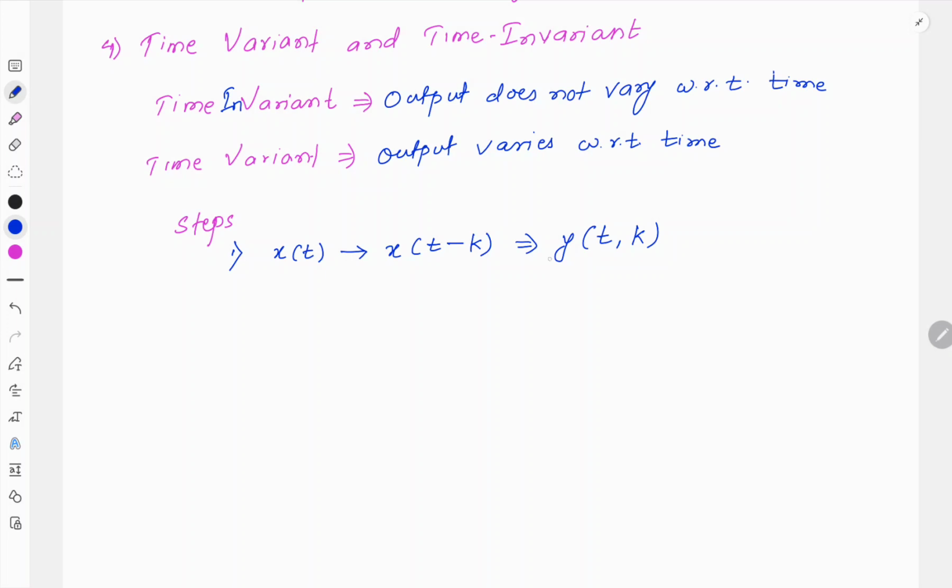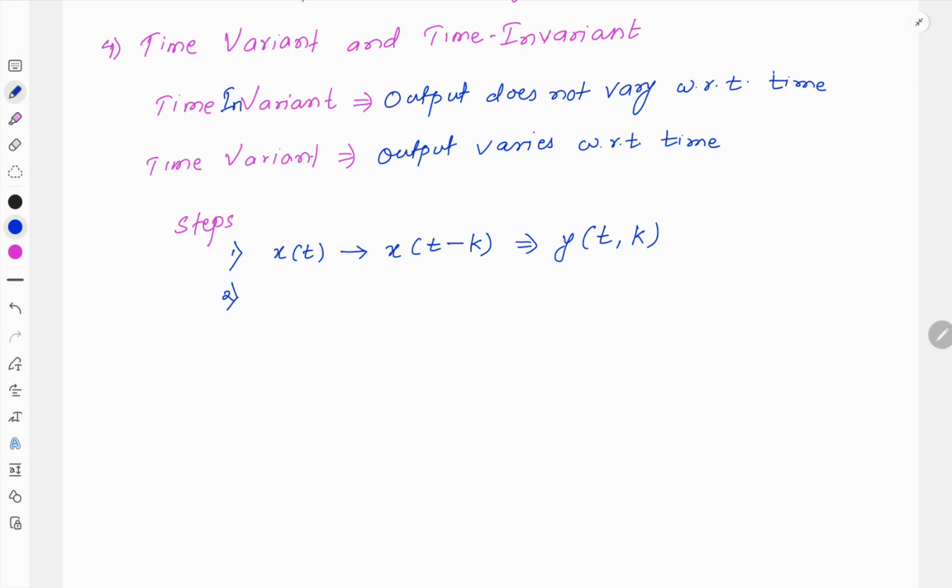So in the given equation, wherever we have y of t equal to some term of x, replace that x of t with x of t minus k and represent the equation as y of t comma k.